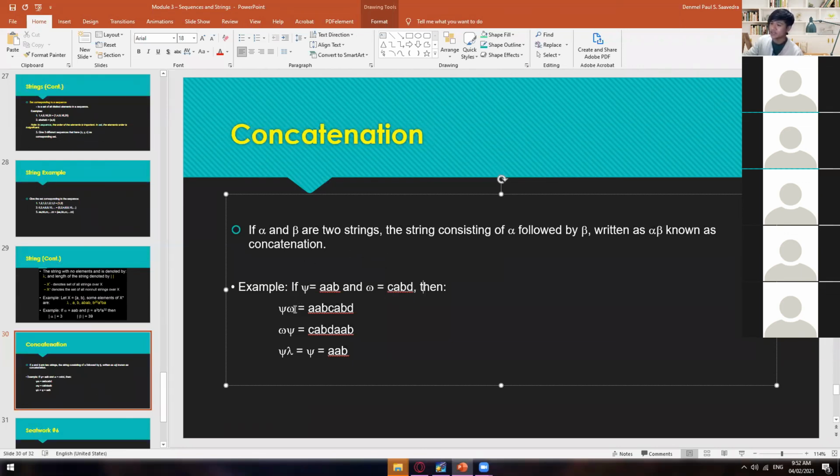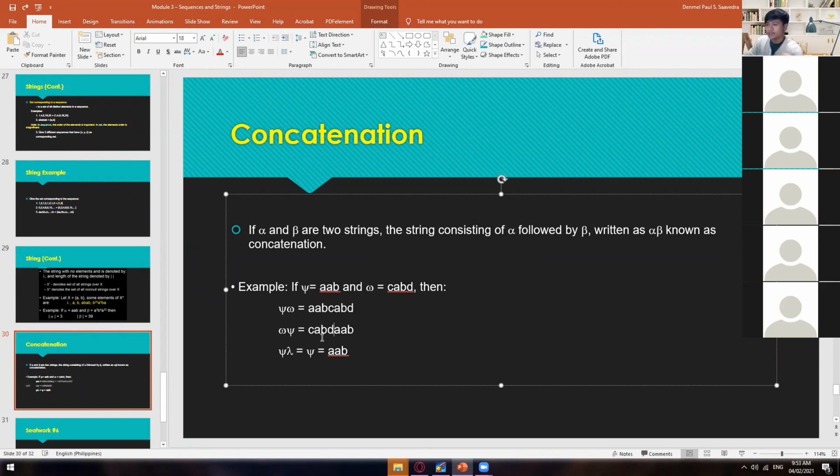It is asking us to concatenate those two symbols: this one first, followed by this symbol. So what is the string? It's AAB, followed by CABB.